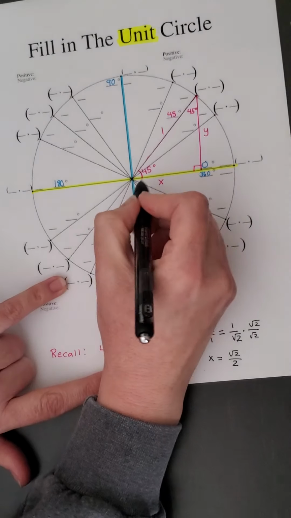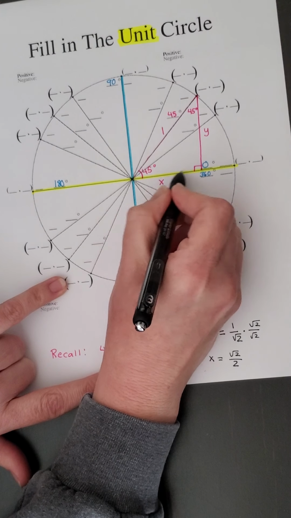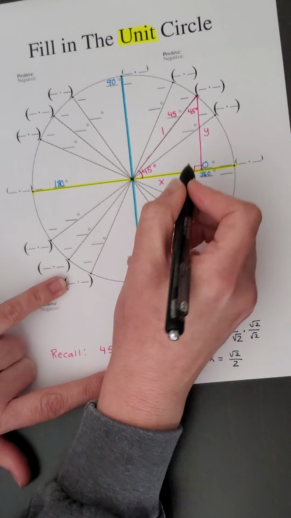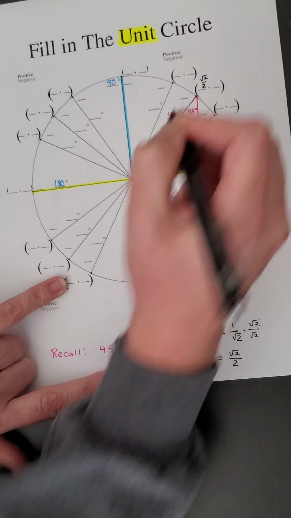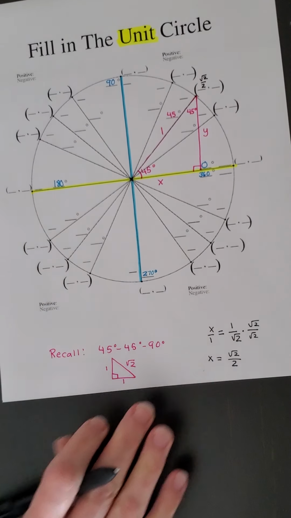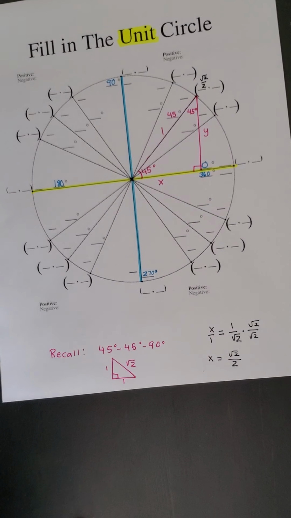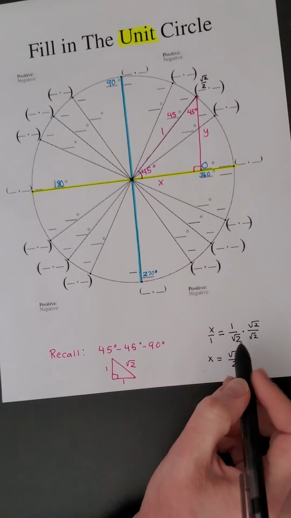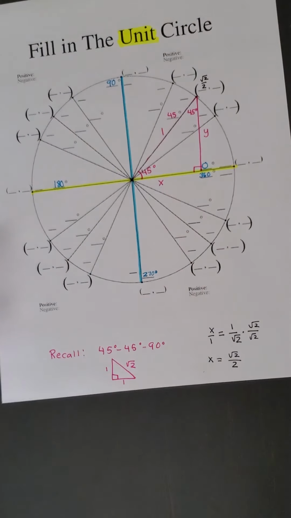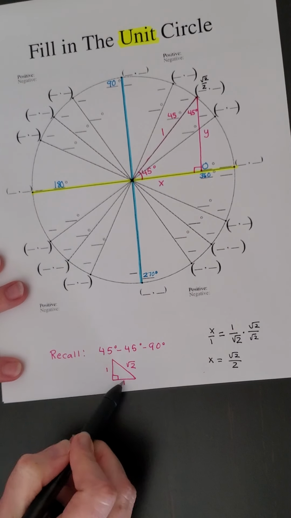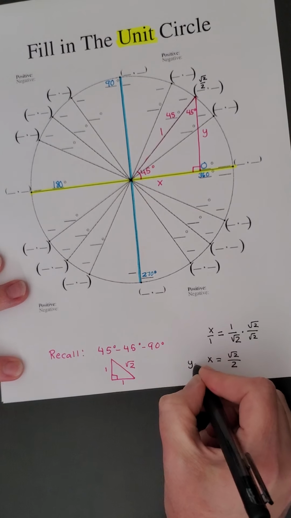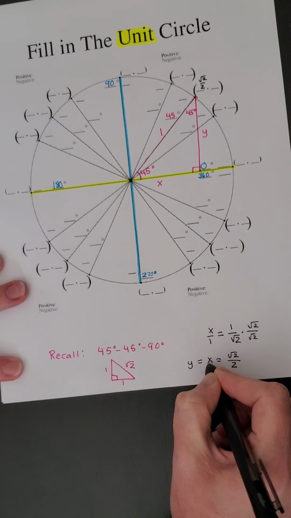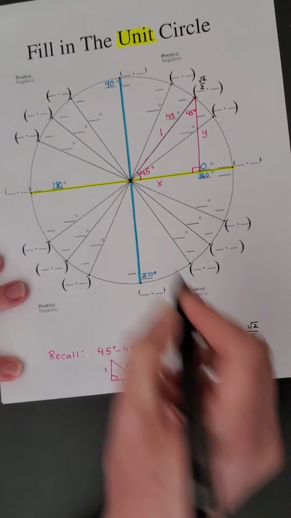So that tells me that the length of x right here, which is also this distance, is square root 2 over 2. Now, similarly, I could, if I wanted to, redo this process for y, but in a 45, 45, 90, the legs are congruent. And so that tells me that y is equal to x, which is equal to square root 2 over 2.